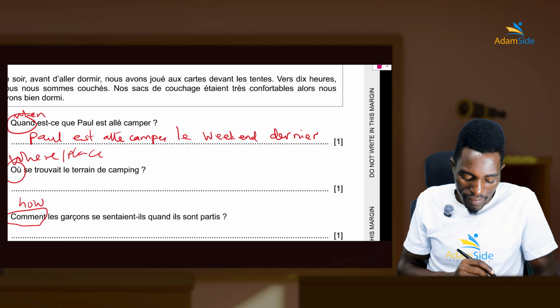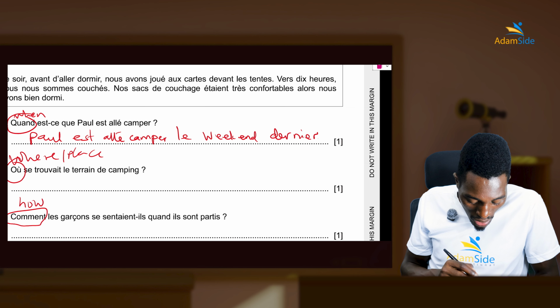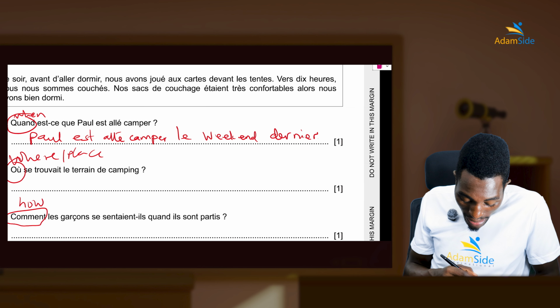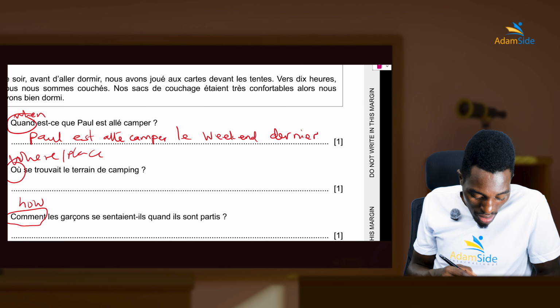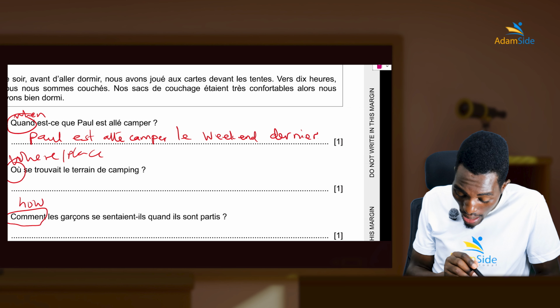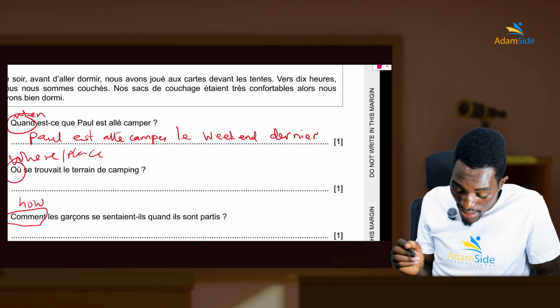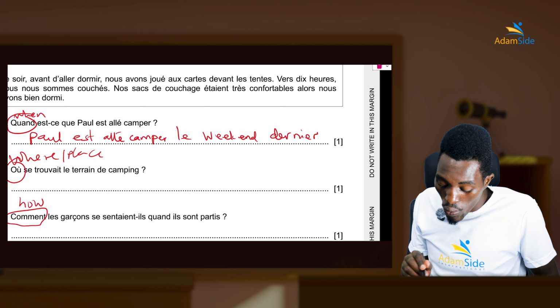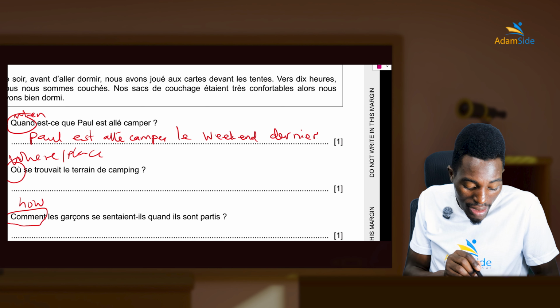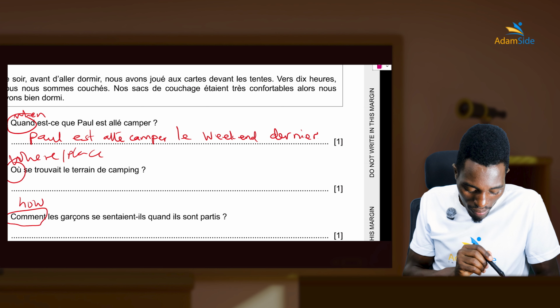Week-end dernier. Then I go to question number 1. Number B. Où se trouvait le train de camping? So if you see there in question A, I have answered when, because "last week" answers the question of when.